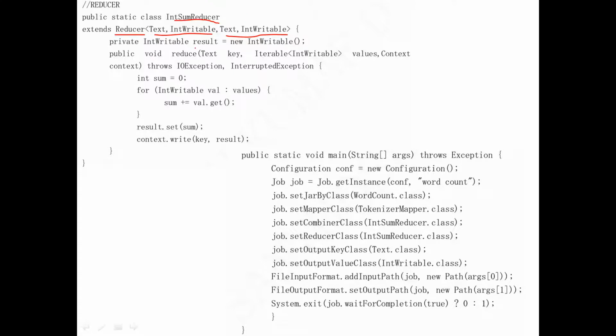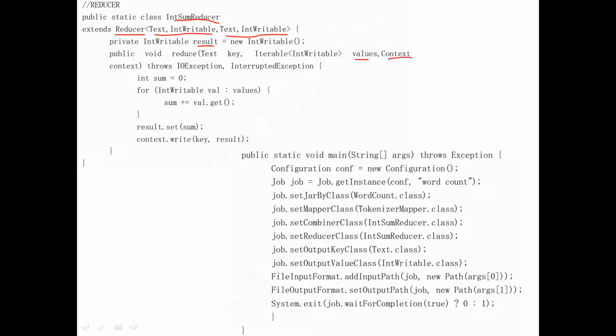Next we are initializing the variable result with the IntWritable. So the result will be nothing but integer type here. Then we are initializing a reduce function, where we write the logic of reduce. It takes Text key, Iterable IntWritable values, and context.